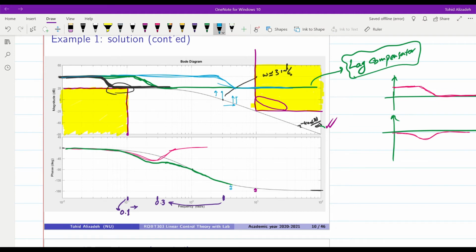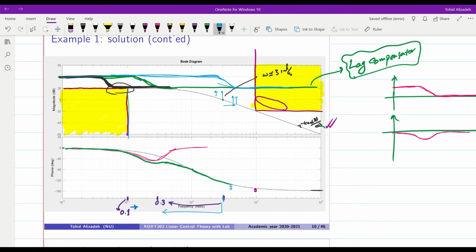So therefore the frequencies for the zero and pole of the controller are chosen considering this, to have the corner frequencies 1 decade, let's say, smaller than the crossover frequency, and also to have them bigger than this 0.1 radian per second for this example, because we want to increase the amplitude at frequencies lower than that.